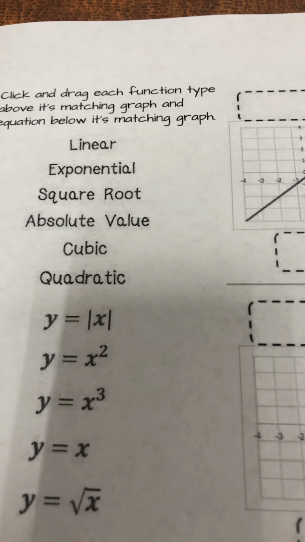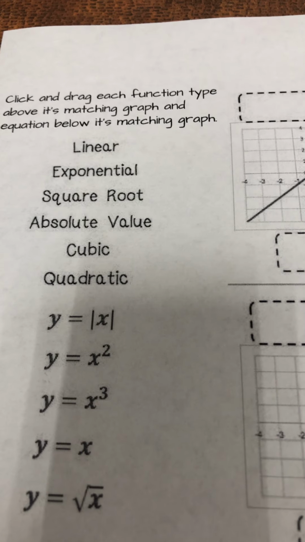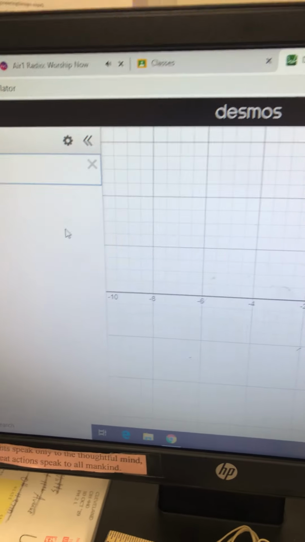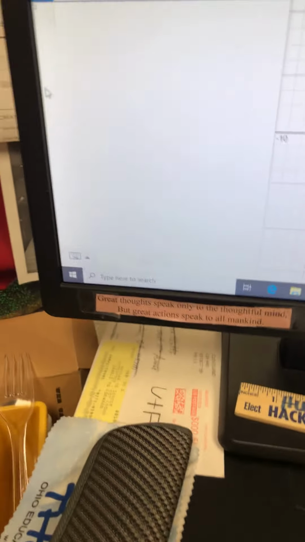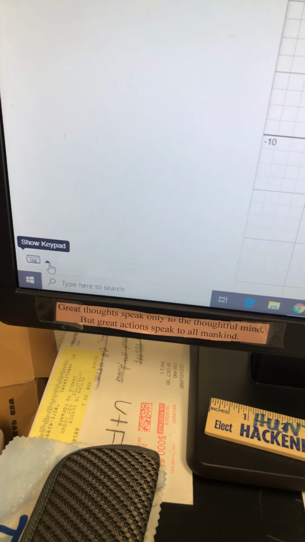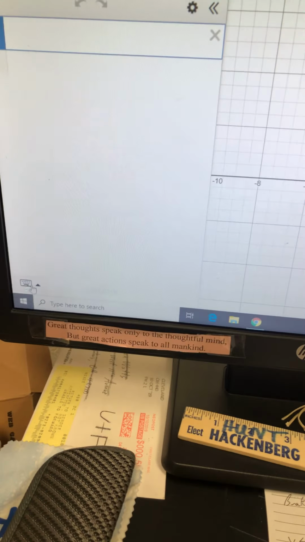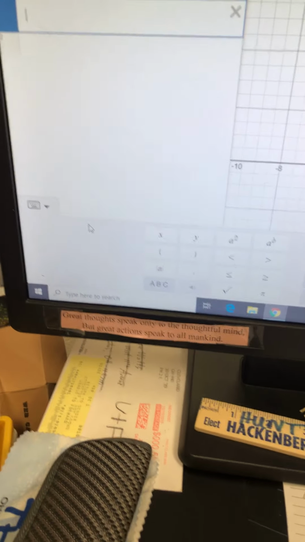But let me tell you, I'm going to be using Desmos. If you do the Desmos calculator, that is going to be very helpful. And if you click down here, and you just Google Desmos, it will pop up the Desmos calculator.